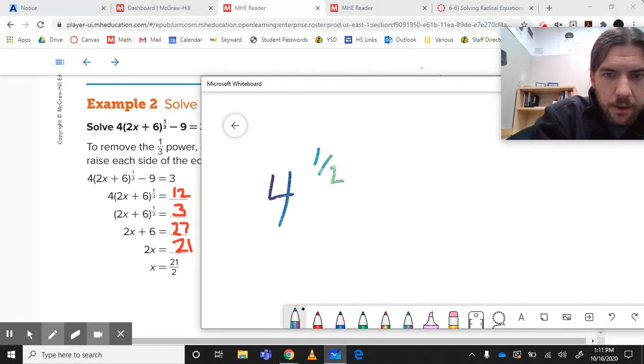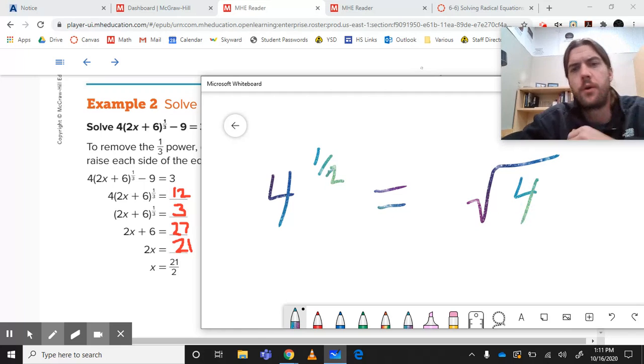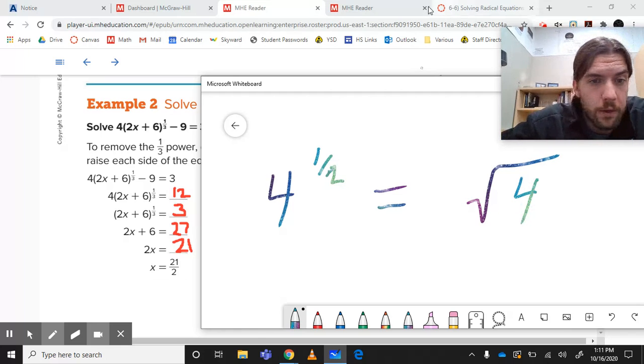How do I know that this is equivalent to the square root of 4? How do I know that those are actually the same thing? Why are we comfortable saying that if I cube this, I will get rid of it?